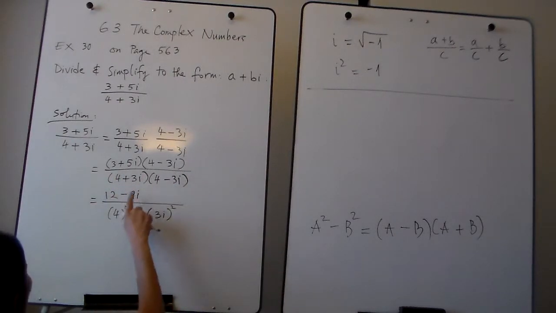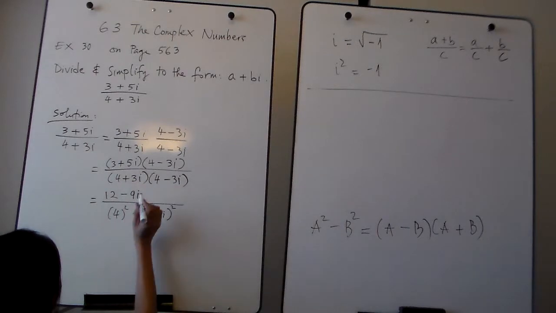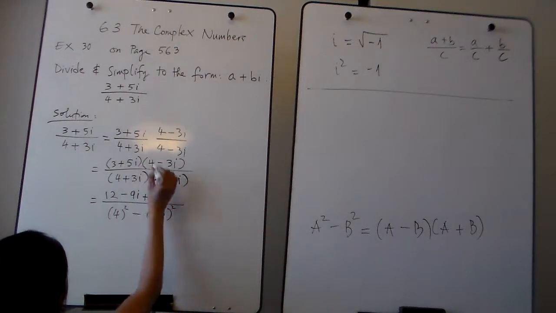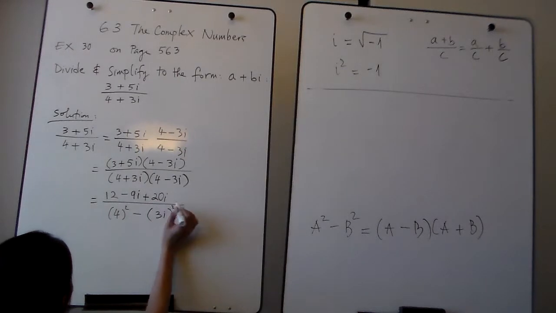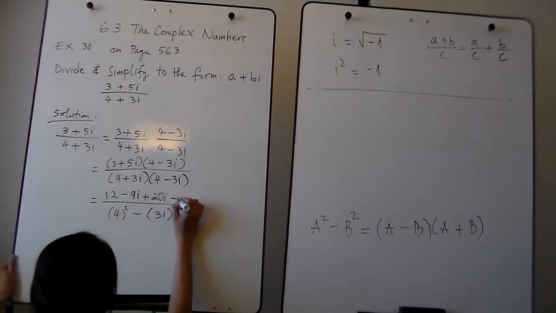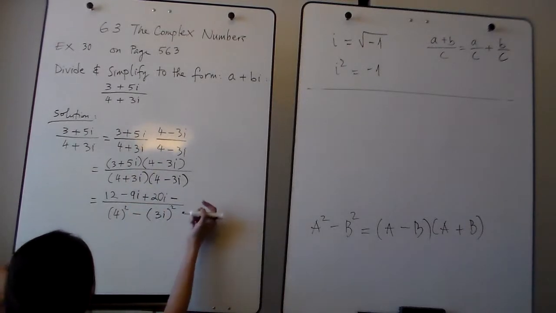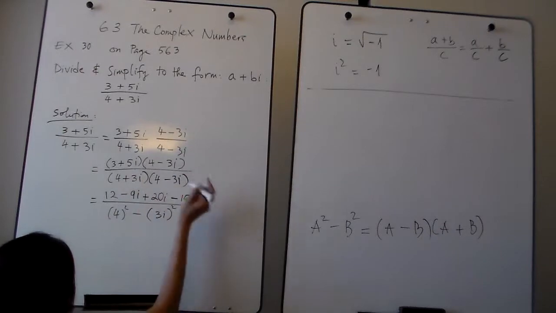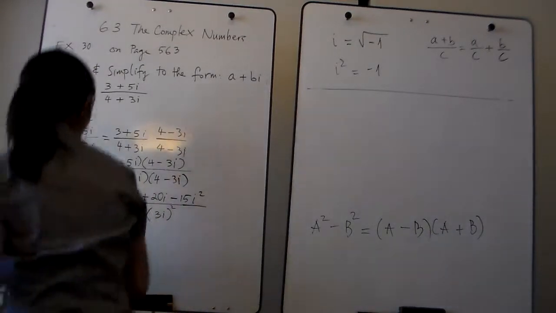Then take 5i, multiply by 4, positive 5 times 4 is 20i. Then take 5i times the second term, positive 5 times negative 3 is negative 15, and i times i is i squared.